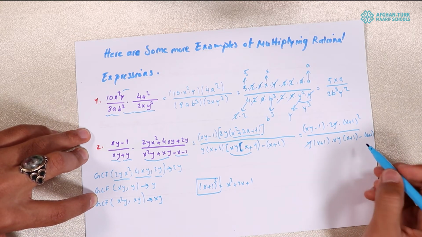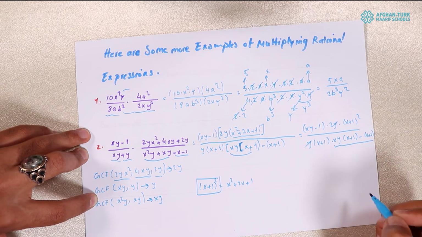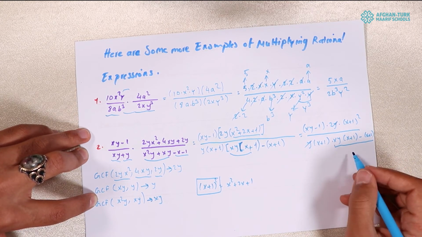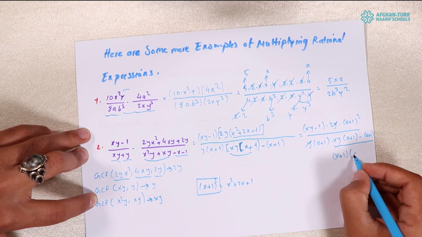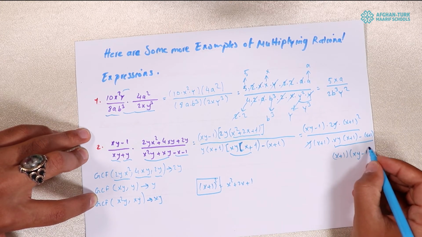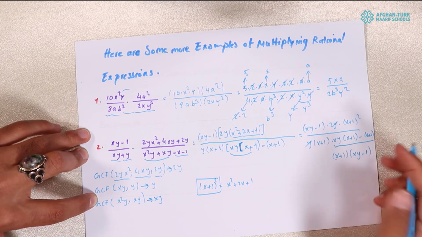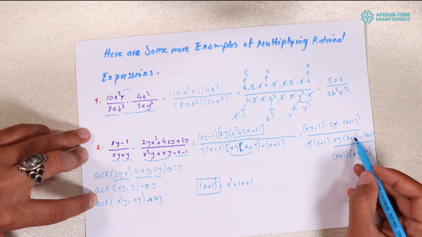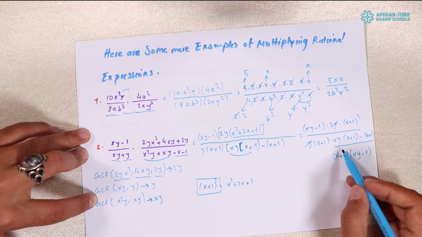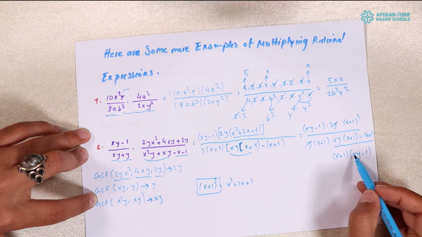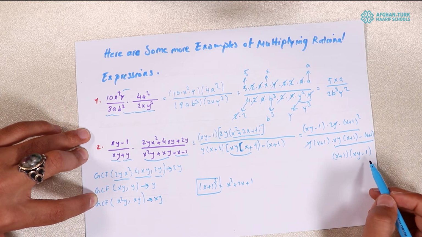What else? Okay, in here we can also simplify or factorize it. x plus 1. If we simplify it, we can write like this, xy minus 1. Because in this expression, look, we have x plus 1 minus x plus 1. If we take x plus 1 as a factor, okay, x plus 1 times xy minus this, okay?